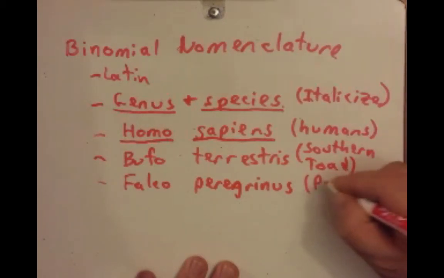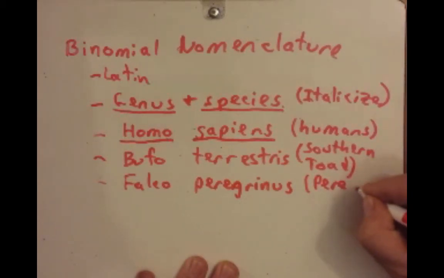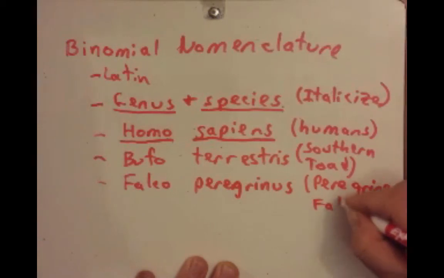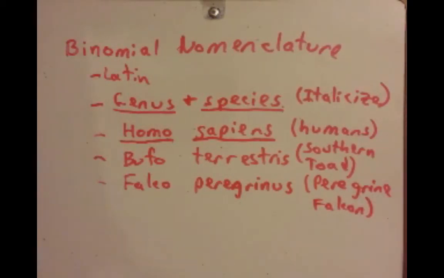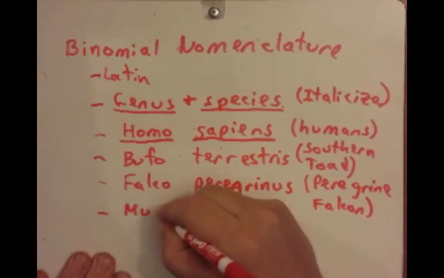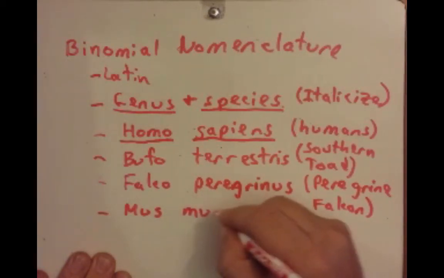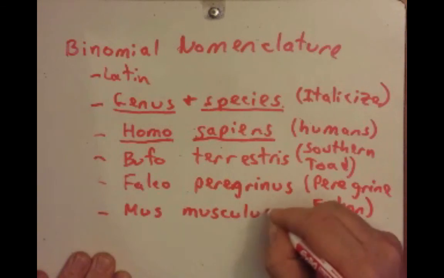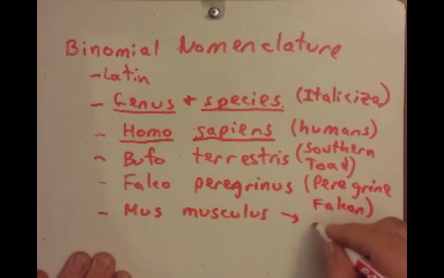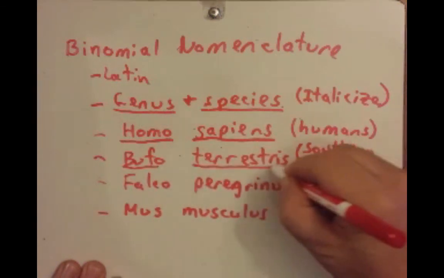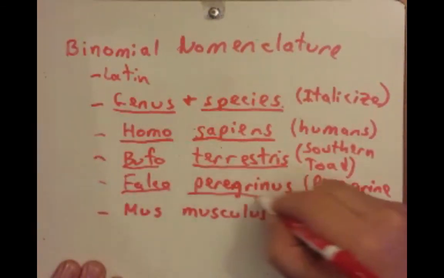So that makes more sense. The common mouse is just Mus musculus. This is just our common mouse. And we shouldn't forget to underline these so we get full credit.